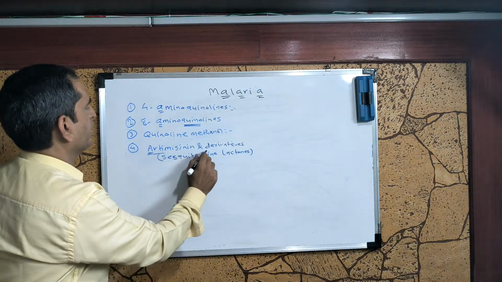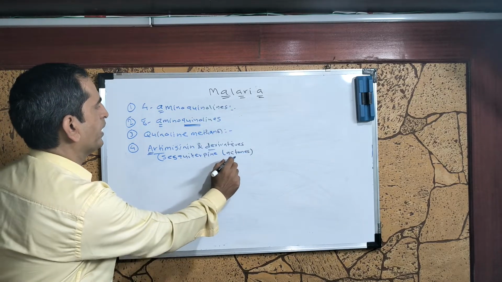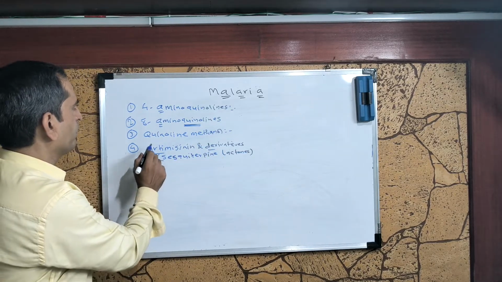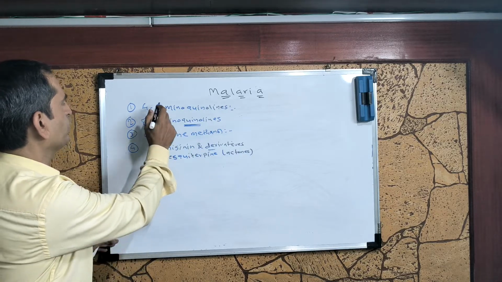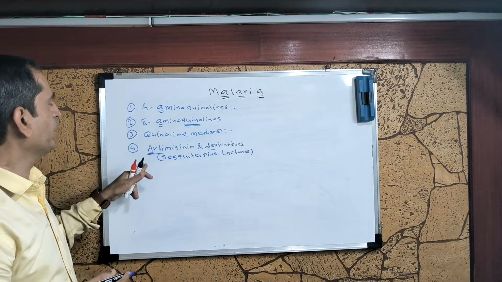This artemisinin and its derivatives, the other name for them is the sesquiterpene lactones. You can remember that with the A. So artemisinin derivatives. So out of the 4 categories, you have 3 categories which start with A.